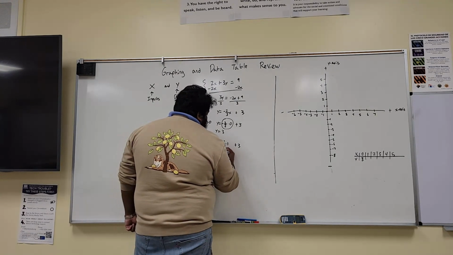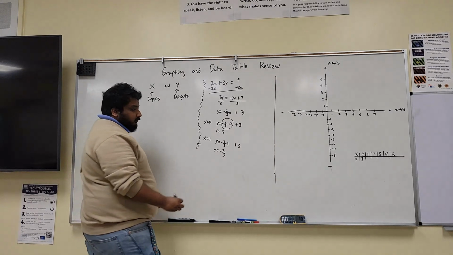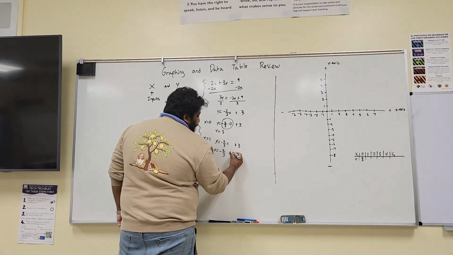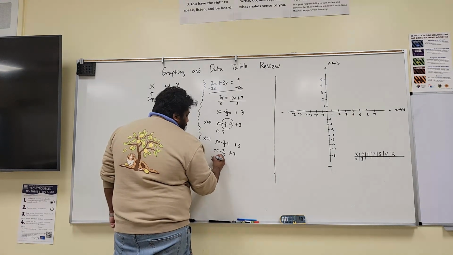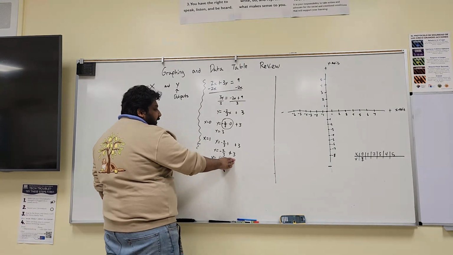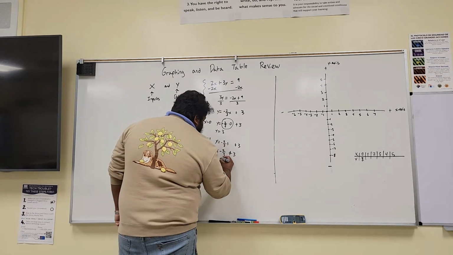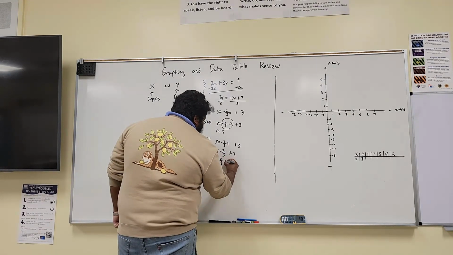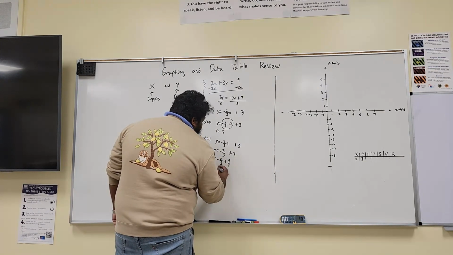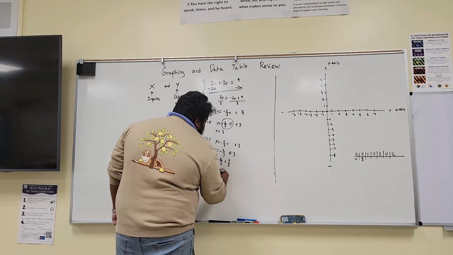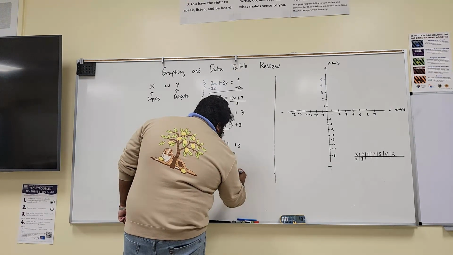This is going to give us y is equal to negative 2 over 3 plus 3. And I'm going to convert this 3 so that we can just do some fraction math. It's going to be negative 2/3 plus 9 over 3. y is going to be equal to 7 over 3, or 2 1/3.